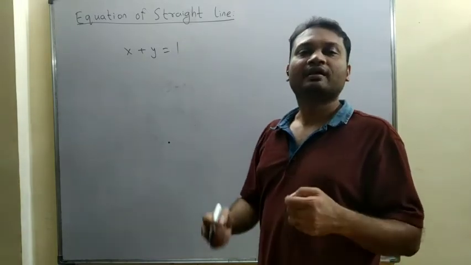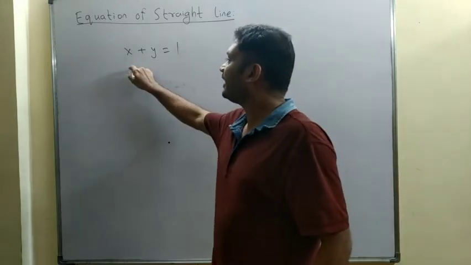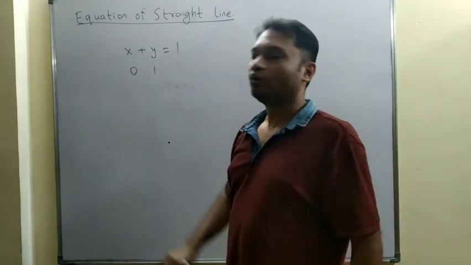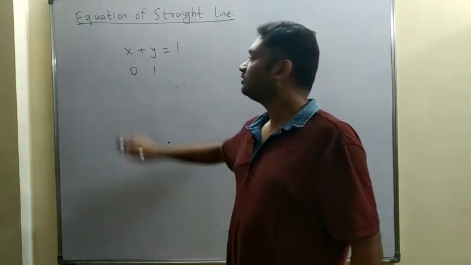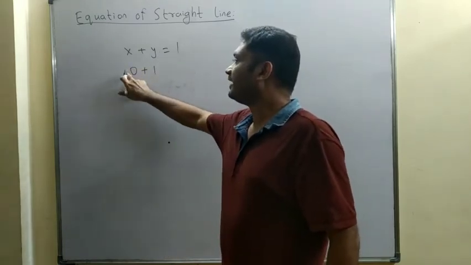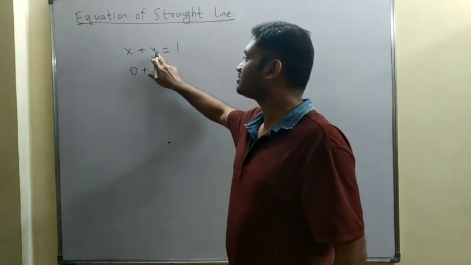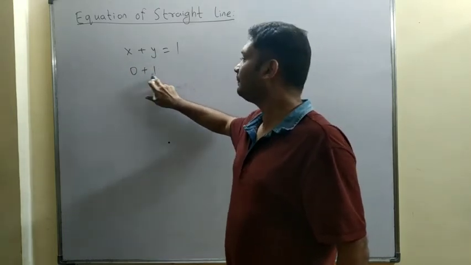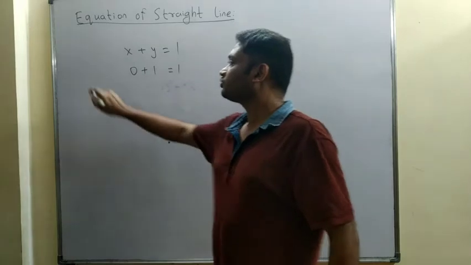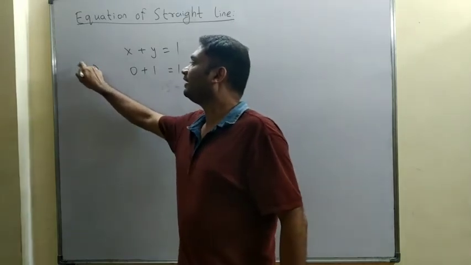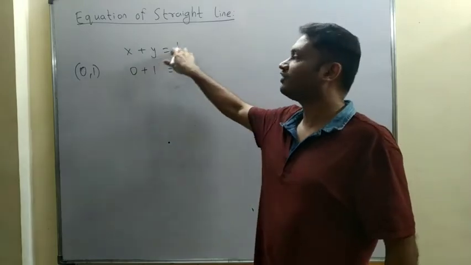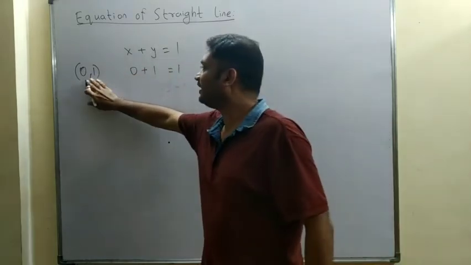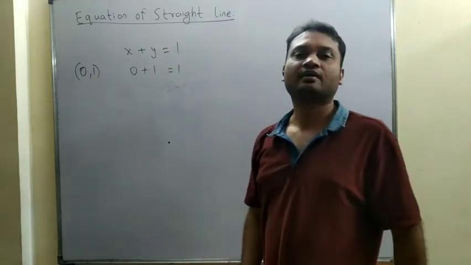For example, if I consider one point as (0, 1), whose x coordinate is 0 and y coordinate is 1, then x coordinate 0 plus y coordinate 1, 0 plus 1 is 1. So we can say (0, 1), a point which is lying on this line x plus y is 1, is satisfying the equation of the line.